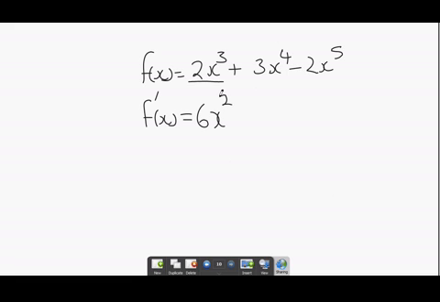The 4 will come and multiply with the plus 3 to give us plus 12. And we subtract 1 from the exponent 4, and then it will be 4 minus 1 is 3. Lastly, we go to the last term, which is negative 2x to the power of 5. The 5 will come down and multiply with the negative 2 to give us negative 10. And the 5 now is reduced by 1. We subtract 1 from 5 to get 4.